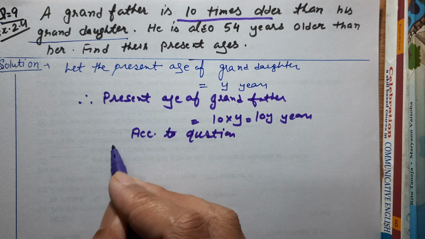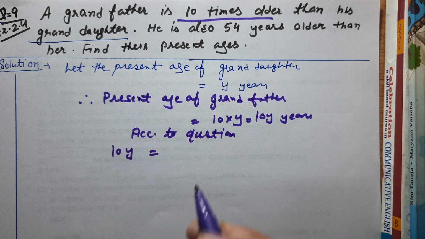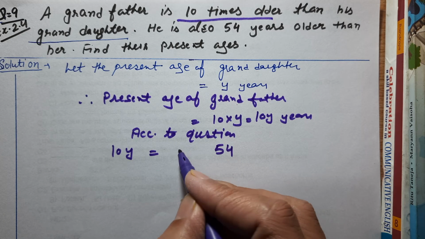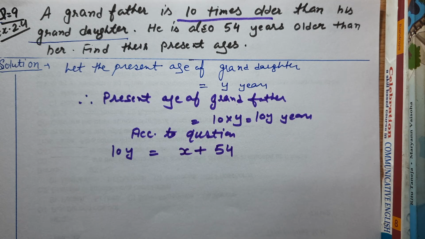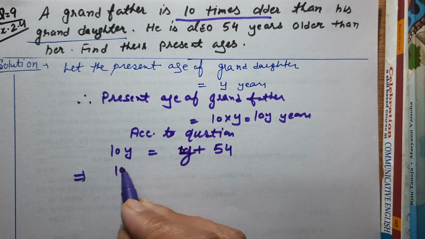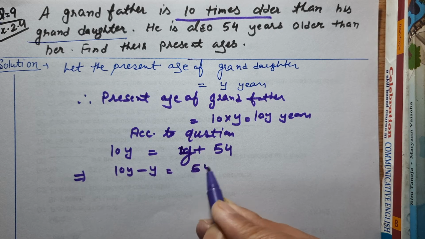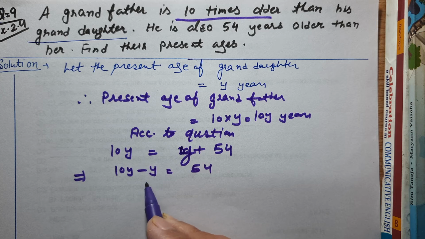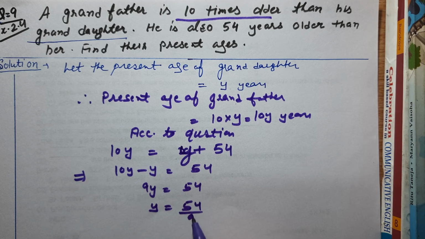The grandfather. Grandfather's age is 10y years and he is 54 years older than his granddaughter. So y plus 54. Clear, children? So according to the question, 10y is equal to y plus 54 because we have supposed the age as y. Now solve it. 10y minus y is equal to 54 years. 10y minus y, 9y is equal to 54 years. y comes out to be 54 upon 9, that is equal to 6 years.